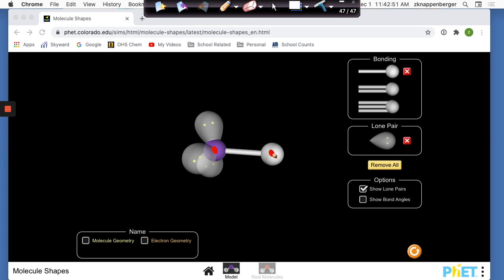So the question then becomes, what is the angle in this molecule? Guys, be careful. These are clouds. These are probabilities. These do not define points in space. So guys, we've got 1, 2 points in space.